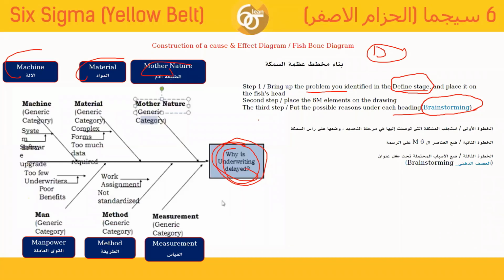Okay, guys, is it clear? The fishbone diagram is clear, because this is the main thing in Analyze. As I mentioned, the fishbone diagram will give you more than 50% of the access to the root cause. So if you understand it well, any problem you face, if you use the fishbone diagram, it will give you 50% of the root cause.